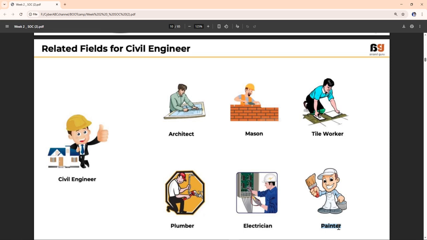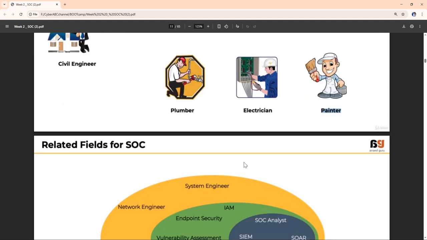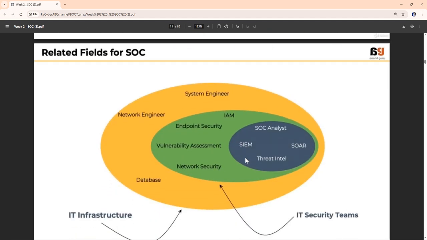He knows how to bring the architect, the mason, tile worker, plumber, and electrician together to make a building work. The same thing goes for the cybersecurity analyst, the SOC analyst.